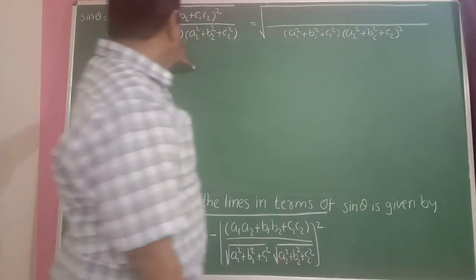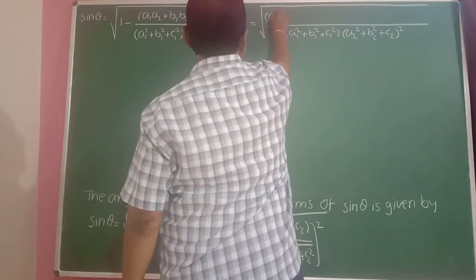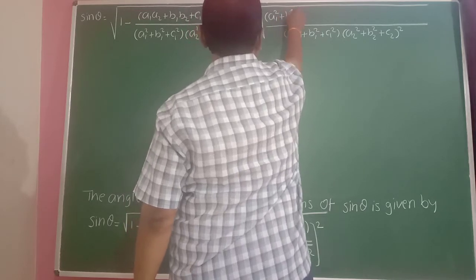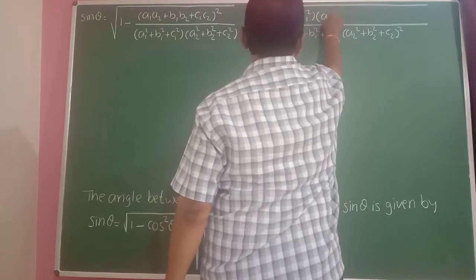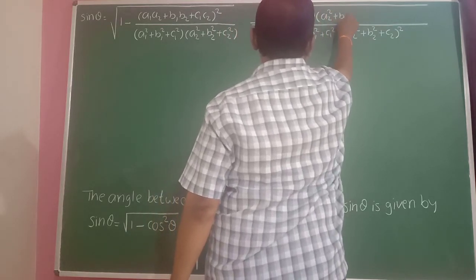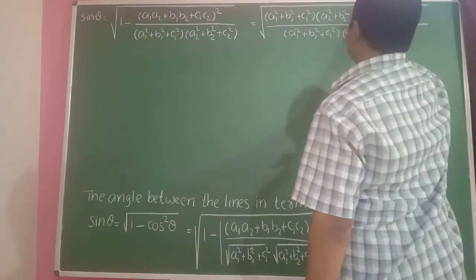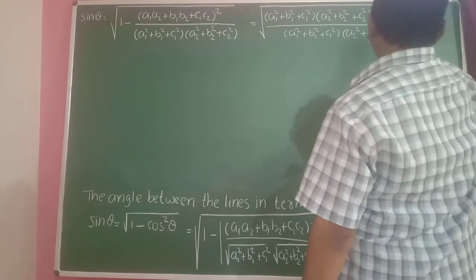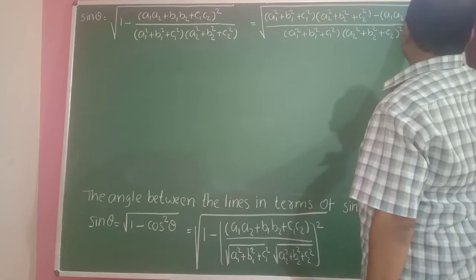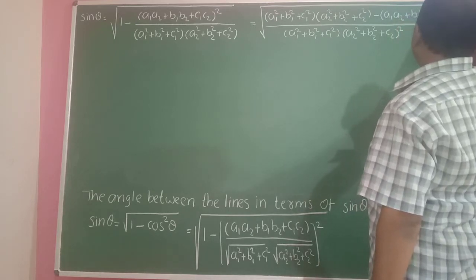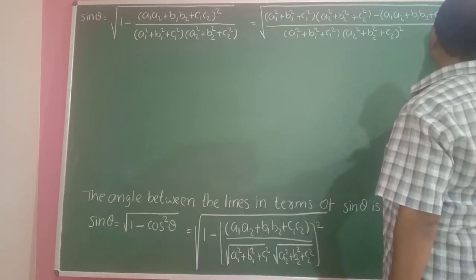Multiply these two terms here, so a1 square plus b1 square plus c1 square into a2 square plus b2 square plus c2 square, minus a1 a2 plus b1 b2 plus c1 c2, the whole squared.